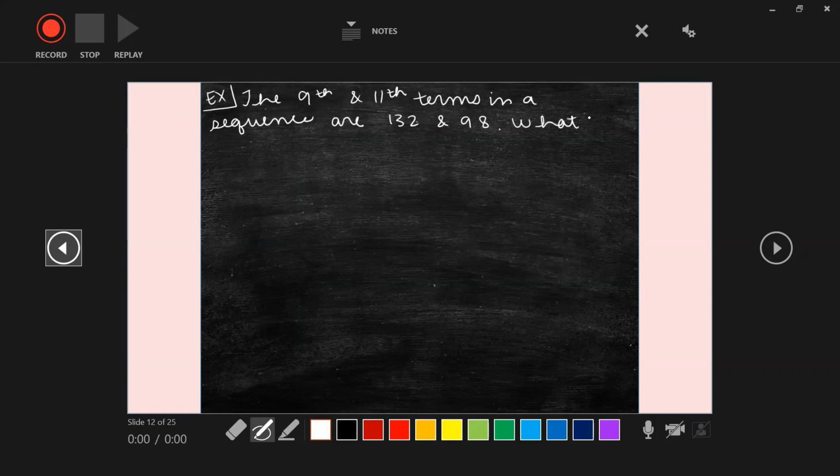What is the 10th term? So the 9th and 11th terms in a sequence are 132 and 98. What is the 10th term?